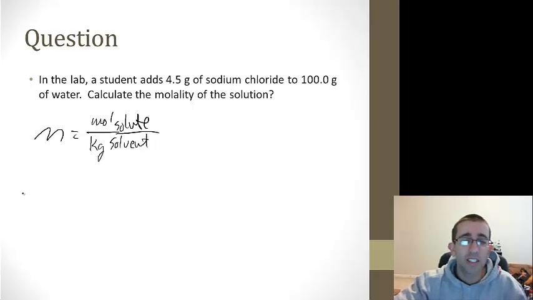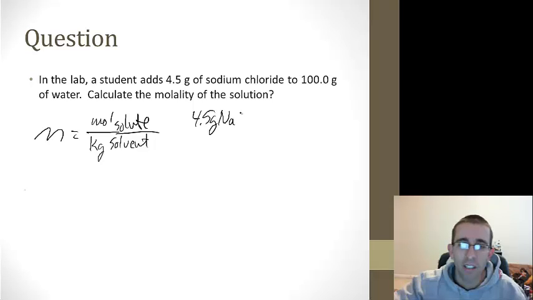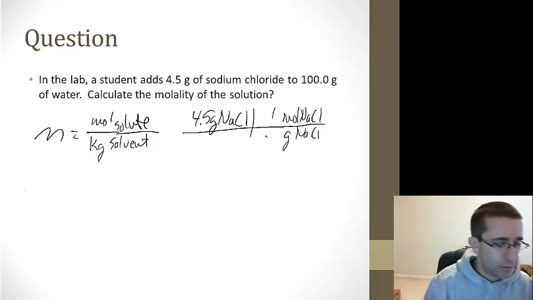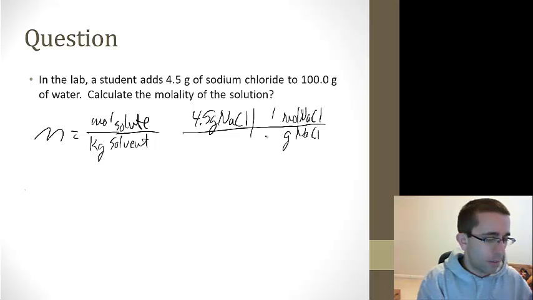Well, sodium chloride is going to be my solute. Water is going to be my solvent. This is 4.5 grams, but I want it to be moles. That's right, flum chart. So 4.5 grams of sodium chloride. I want to cancel out grams and go to moles. 1 mole is the grams from the periodic table for sodium chloride. For sodium, it's 23.